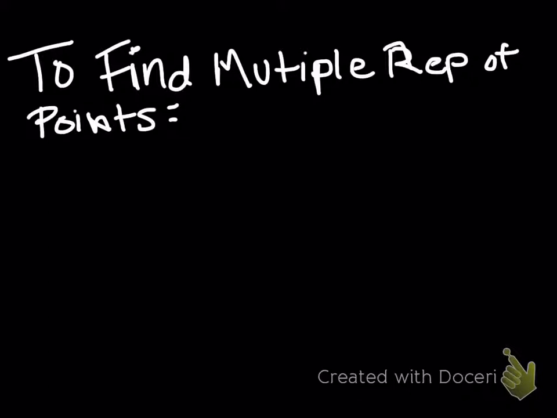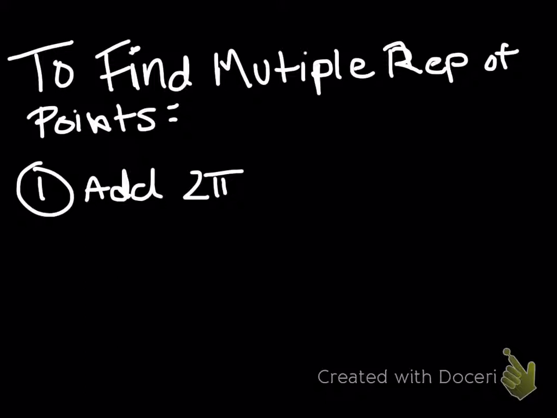You just follow two steps. So the one possibility is that you add 2 pi and you keep r the same.